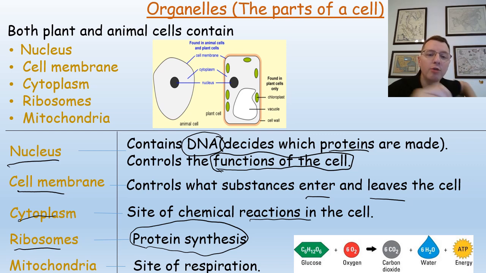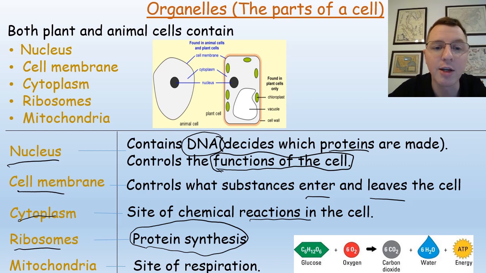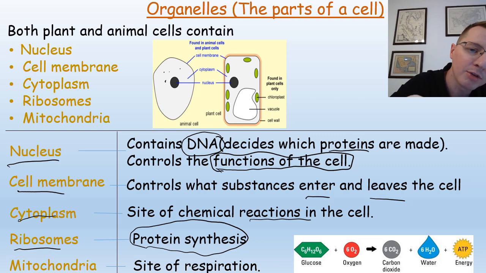So you'll often come across diagrams on the internet that look a little bit like the two we've got here. And these are slightly older diagrams, they haven't really been updated for the new specifications yet. So we would need to add on a few things. For example, if we put in lots and lots of little dots in the cytoplasm of both plant cells and animal cells, those little dots will be the ribosomes.